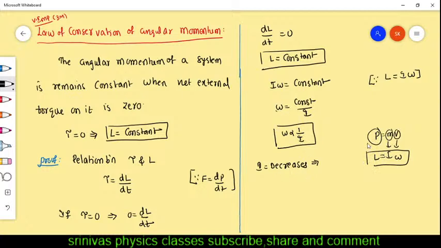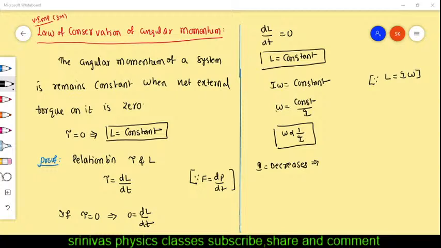If I decreases, what happens to omega? Whether omega increases or decreases? Answer, students. If I decreases, tell me whether omega decreases or increases from the above equation. Answer in the chat box. Do it fast. If you answer, I will read your name. Who has answered? Students, answer.